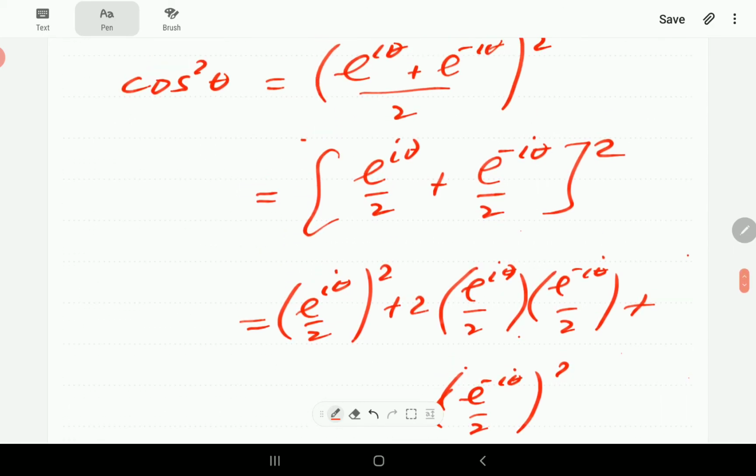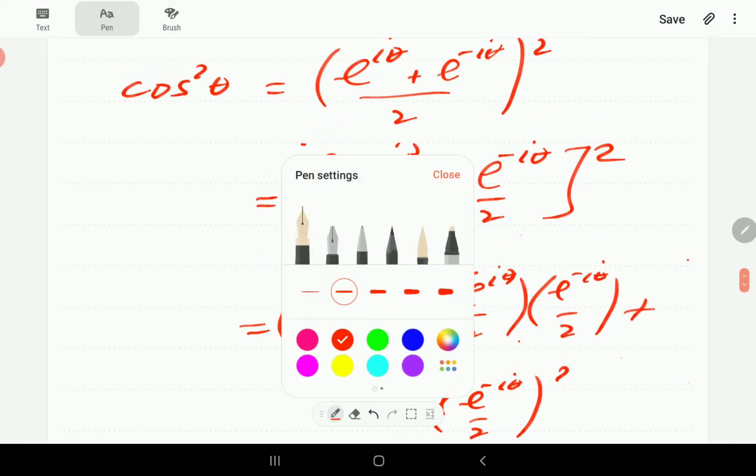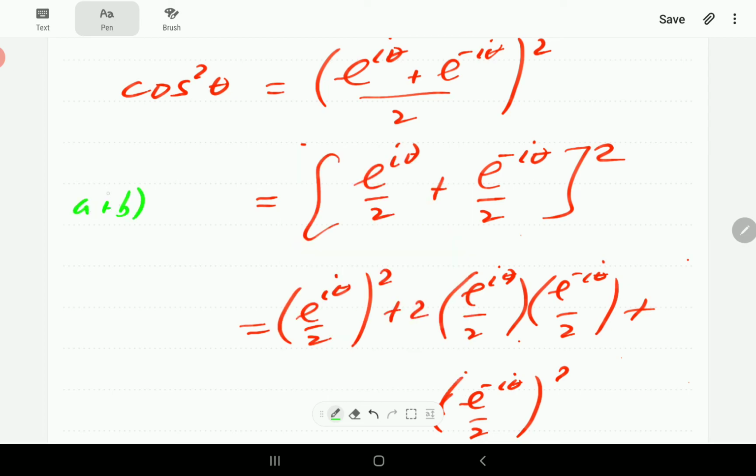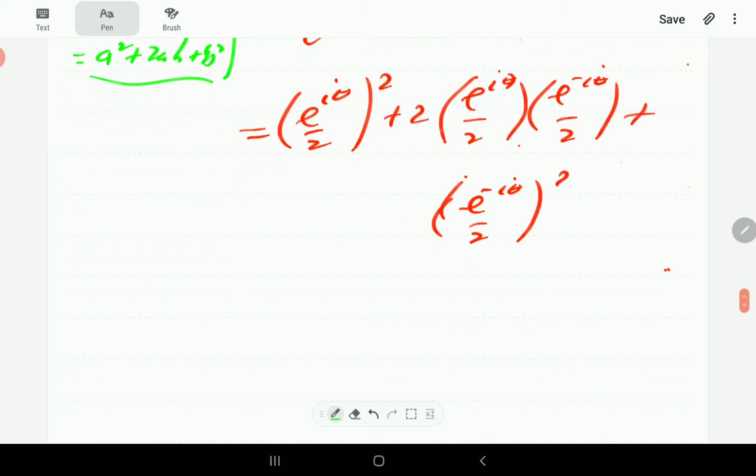So all we're doing here is we're using the fact that a plus b squared is equal to a squared plus 2ab plus b squared. So that's all we're doing there.